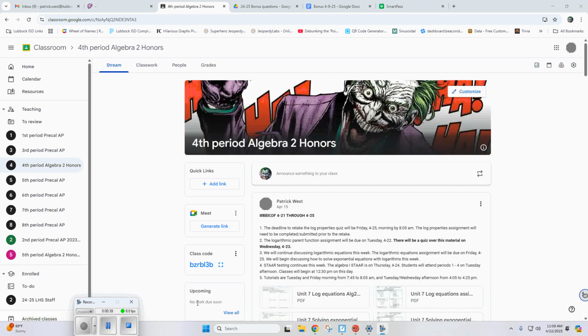Okay, well, the plan today, as I mentioned just a minute ago, I want to go ahead and talk about a question or two off of the assignment where we're graphing the log parents, growth and decay, all that good stuff. Then we'll wrap up the lesson we started last week, log equals log equations, or at least logarithmic equations, I should say. And then that'll be our class today.